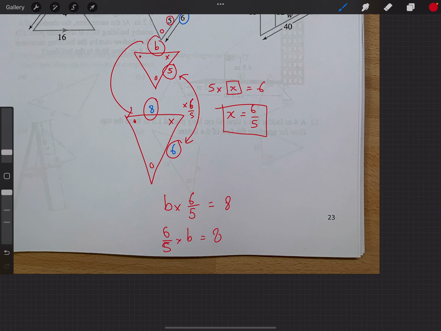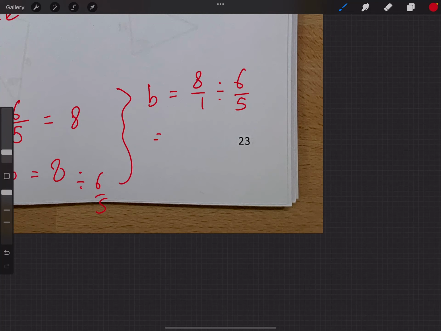We divide both sides by 6 on 5, so b is equal to 8 over 1 divided by 6 over 5. Let's process this fraction: 8 over 1 times 5 over 6.